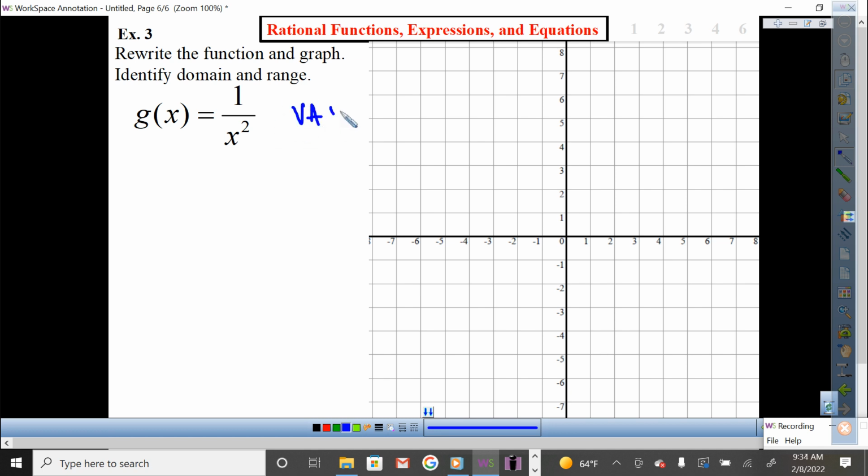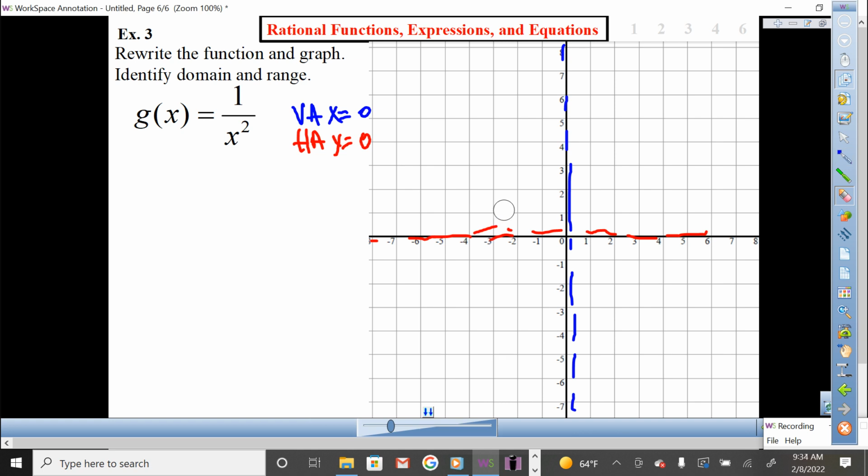Asymptotes. VA, x equals 0. HA, y equals 0. Okay, so this is going through there. Sorry. All right, and going through here. All right, so next, can we graph this without a table?